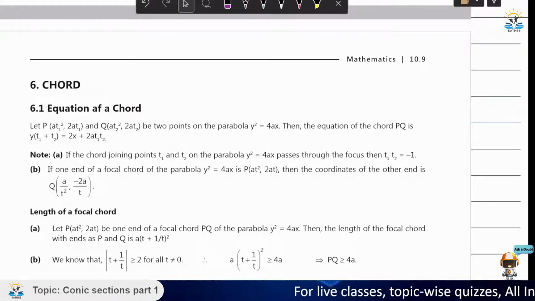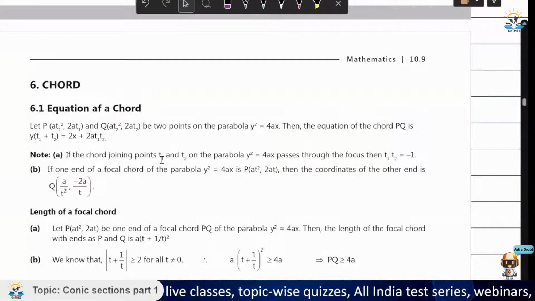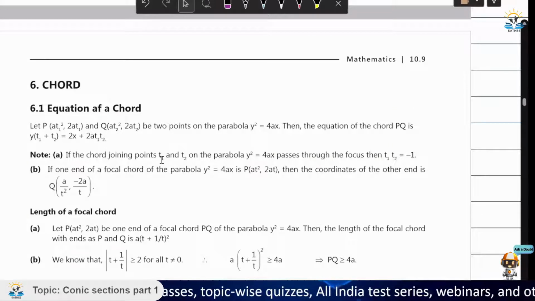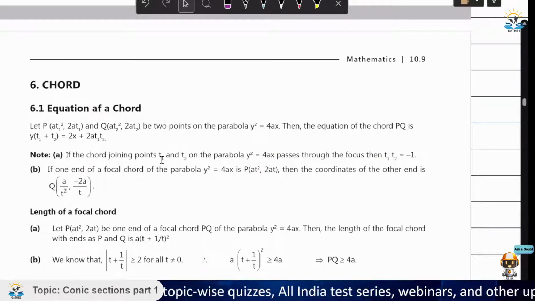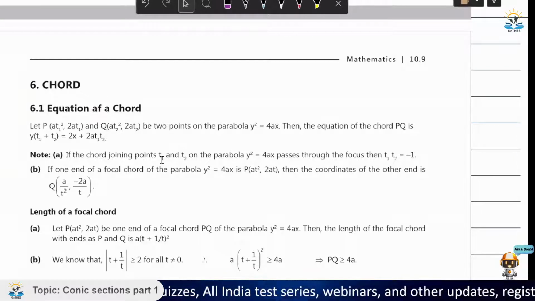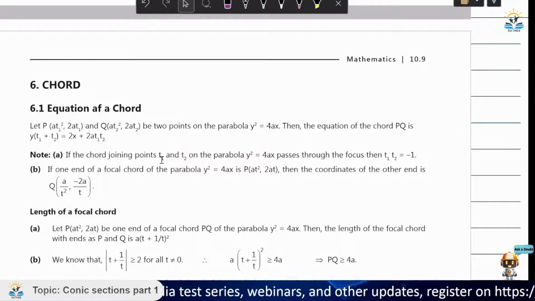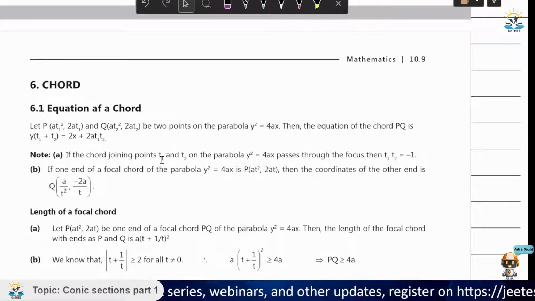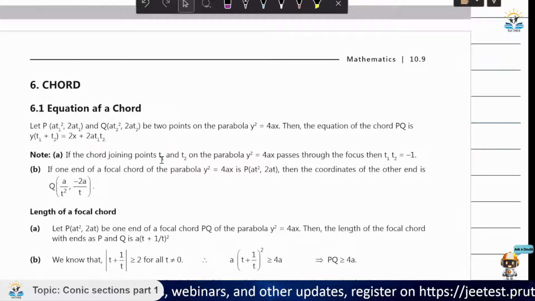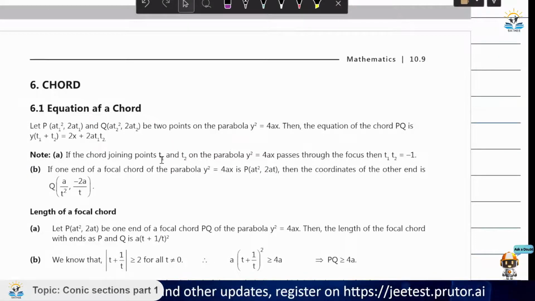So there is one point P, which is (at1 square, 2at1), and Q is (at2 square, 2at2). So basically there are two parameters t1 and t2 and two points with parameters t1 and t2.